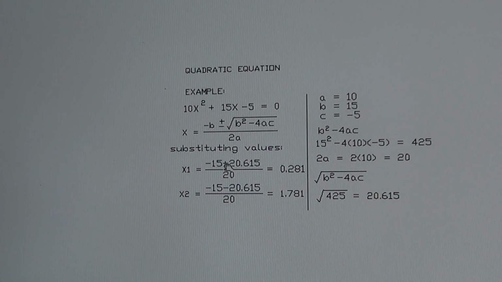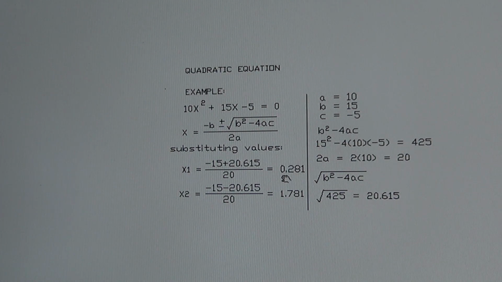Here I put plus for x1, and for x2 here's the minus. B squared minus 4ac is 425. The square root of that is 20.615, and you substitute all the values and you get this.